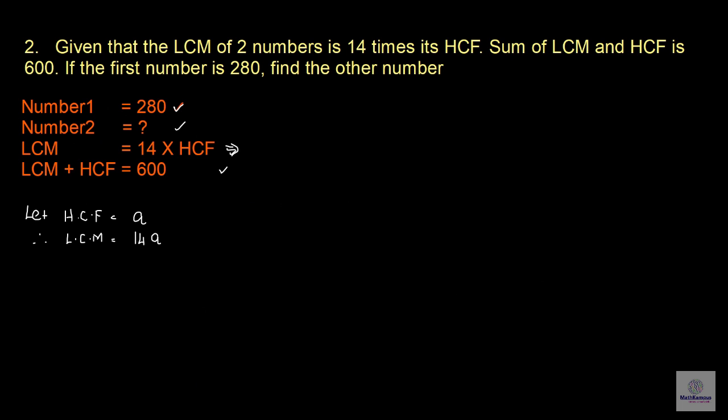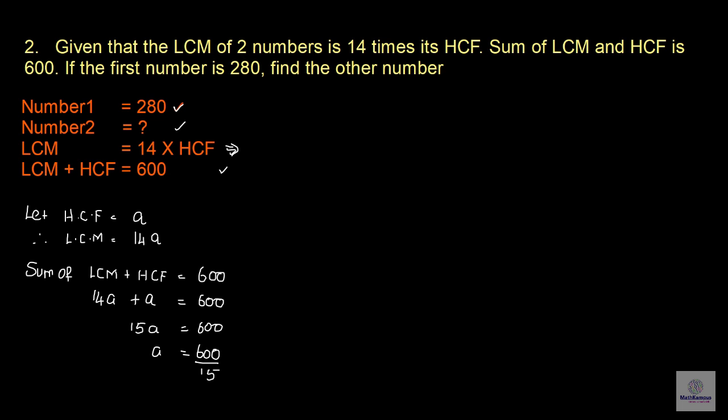Sum of LCM and HCF is given as 600. That is 14A plus A equal to 600. 15A equal to 600. A will be equal to 600 divided by 15. A is equal to 40.